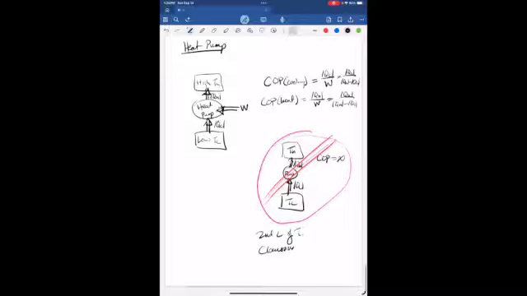Okay, now our final topic. Oh, no, one more thing before that. We defined reversible and irreversible. We said that a reversible process is one where we can reverse the process all the way back to its original state without a change to the environment.